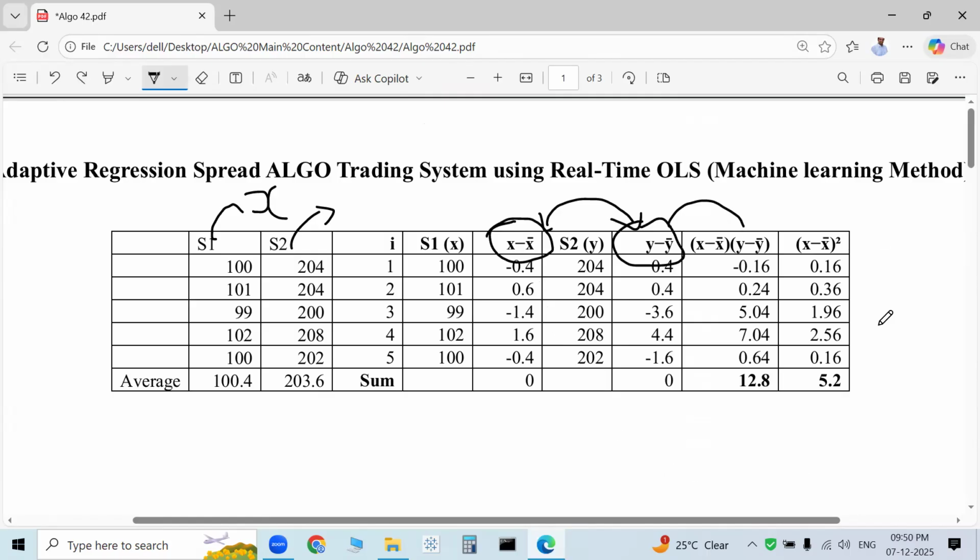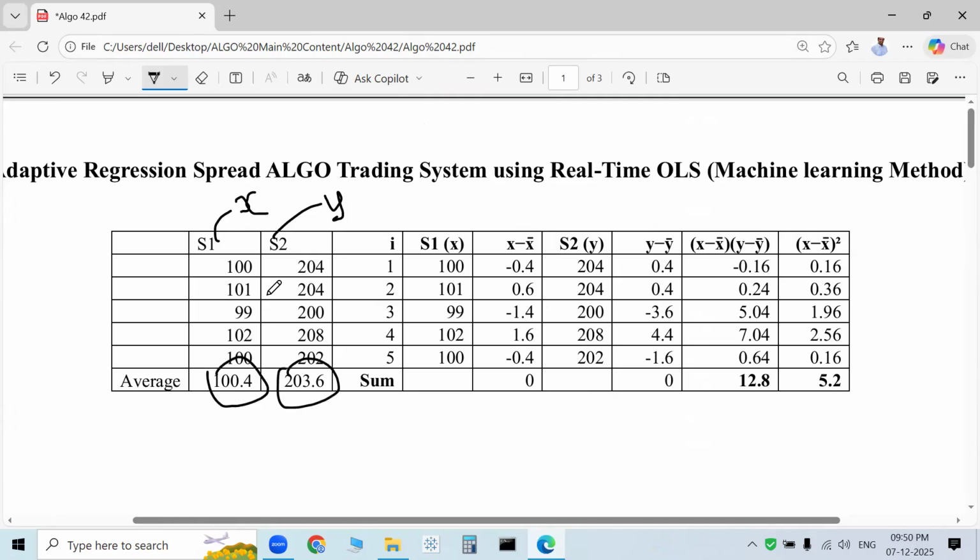So let me explain it one more time. We basically did a very simple thing. We have taken 5 readings from the market. One stock we have named X, the other stock we named Y. We found the average.